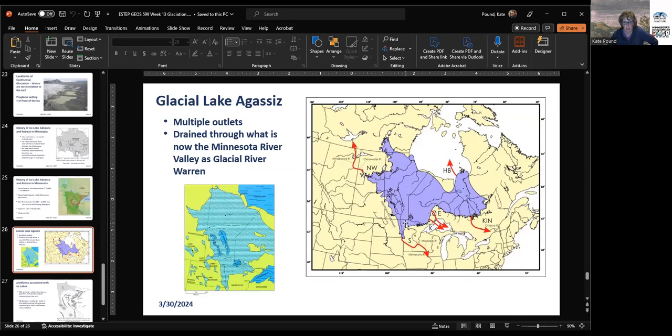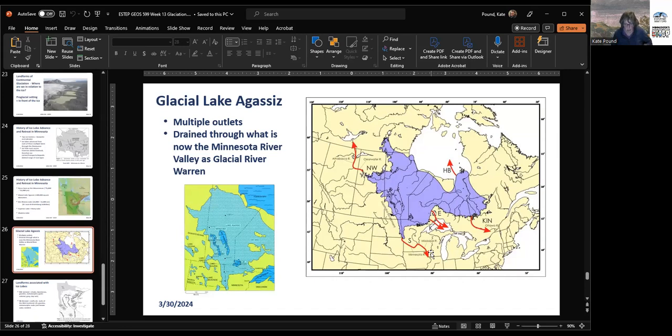So what's of particular interest to us is, yes, there's the very flat areas up in northwestern Minnesota. They effectively were the lake bed associated with Glacial Lake Agassiz. But when the lake broke through a moraine dam here in Browns Valley, it basically sent a huge glacial meltwater river known as Glacial River Warren down what we now know as the Minnesota River Valley, shown in red here.